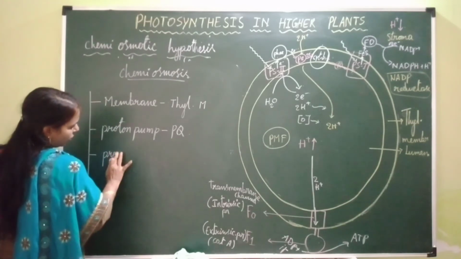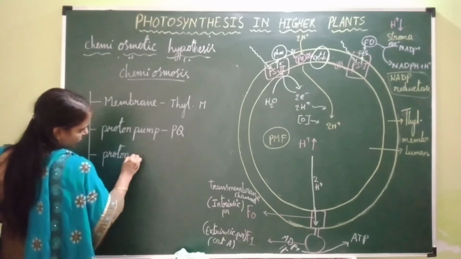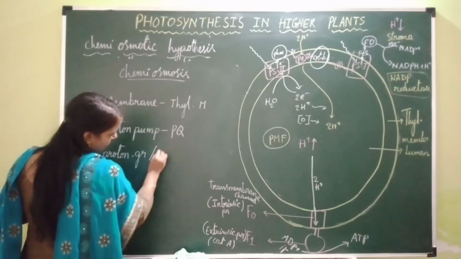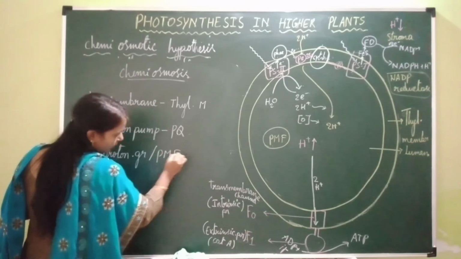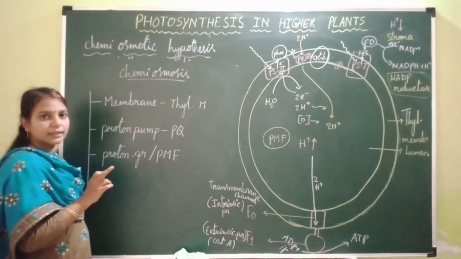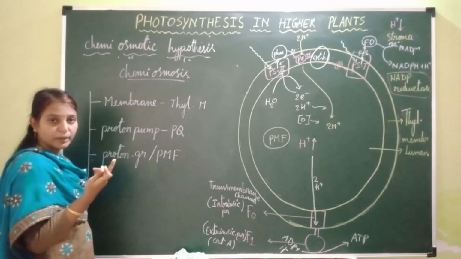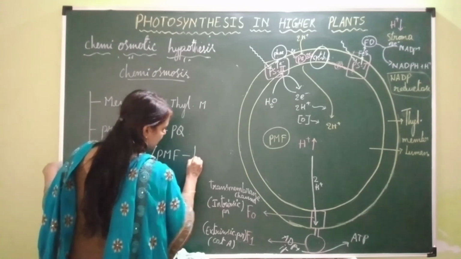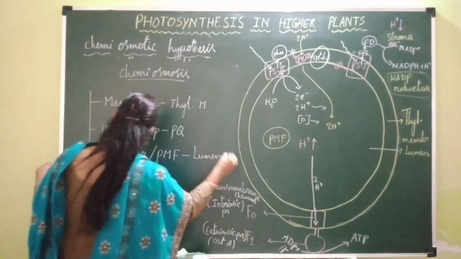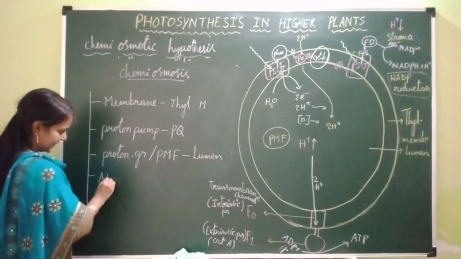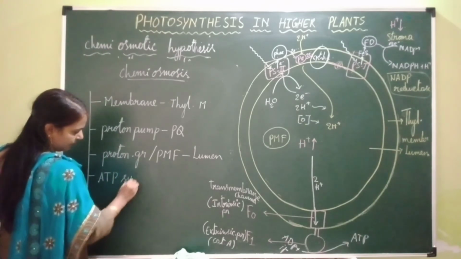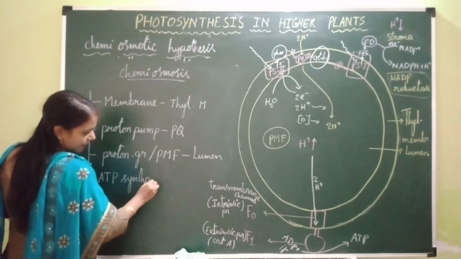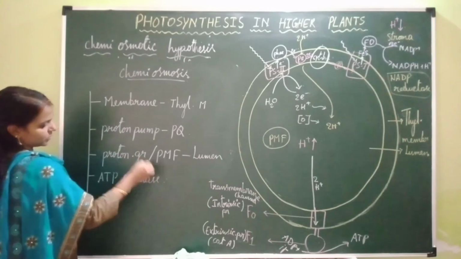And it requires a proton gradient, which is also called proton motive force. Where is this proton motive force developed inside the chloroplast? In the lumen. Whereas in mitochondrion, in the intermembrane space. Next, it also requires the ATP synthase enzyme, which is required for the synthesis of ATP from ADP and inorganic phosphate.